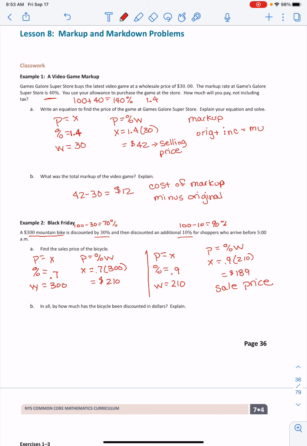It says, in all, by how much has the bicycle been discounted in dollars? So we have 300 minus 189 equals $111.